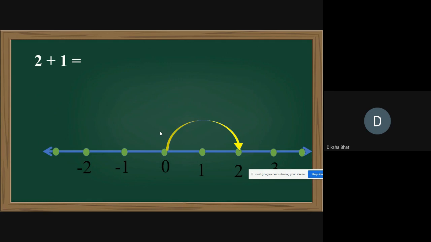Which is the second integer? +1. So how many steps do we have to move to the right of 2? 1 please. Yes. On which number do we reach? +3. So what will be the answer? 3. Yes. So 2 plus 1 is 3.